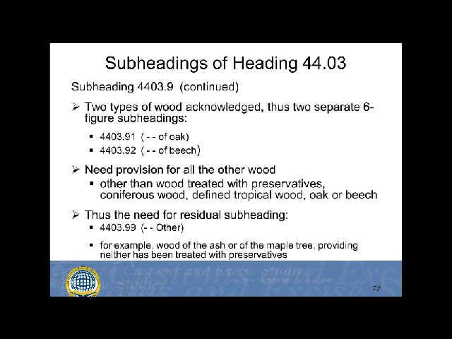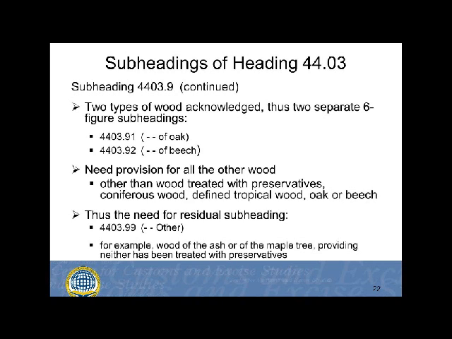Again, having done that, the harmonised system has to make provision for all the other wood other than oak or beech that has not been treated with preservatives, is not coniferous wood or tropical wood. Therefore, we have the need for the last residual six-figure subheading 440399, and this is the third 2-dash subheading.